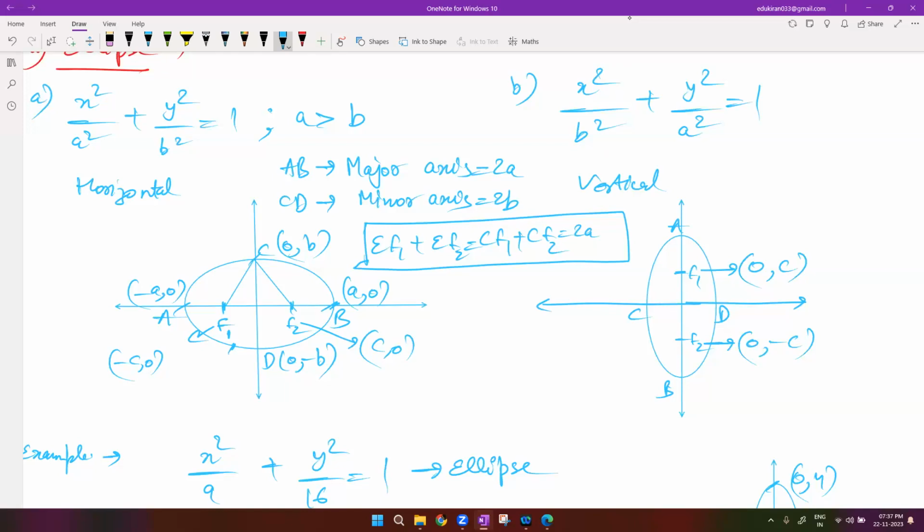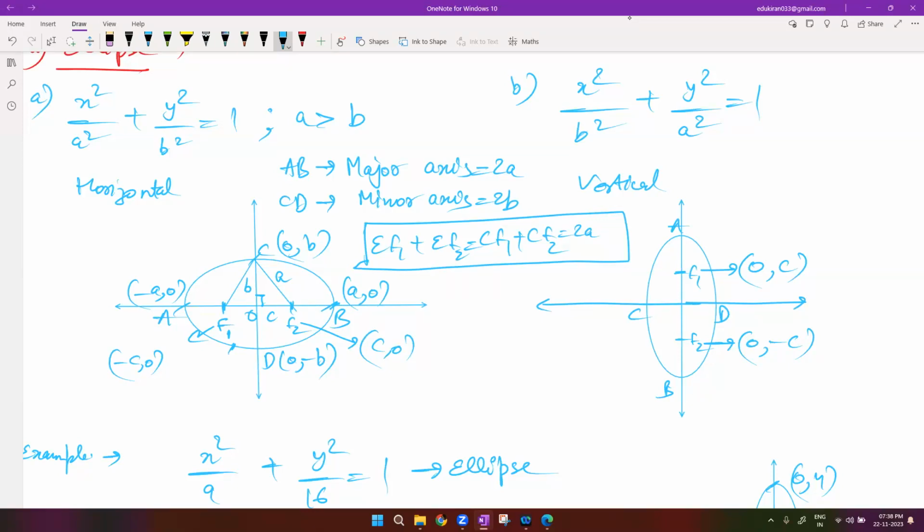We can form an equation between c, b and a. If you observe here, this is a right angle triangle. This distance is b, the length of the semi minor axis. This is the semi minor axis because it is half of the minor axis. Oh, sorry, this is c, the length from point O to F2, and this length is a, by the way, because you can observe that the lengths CF1 and CF2 will both be equal in this case, because point C lies on the perpendicular bisector of F1F2.